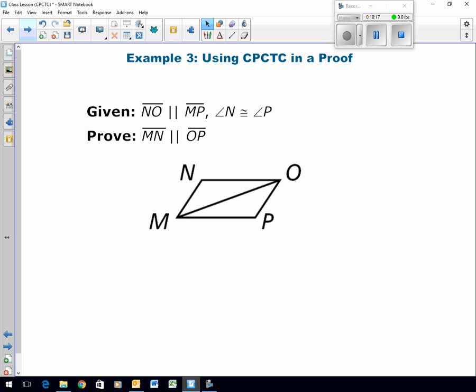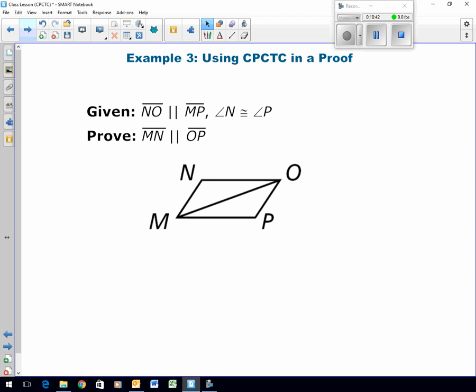All right. Another one here. NO is parallel to MP. Parallel. Yeah, write this one down. And angle N is congruent to angle P. I'm going to walk you through this one.